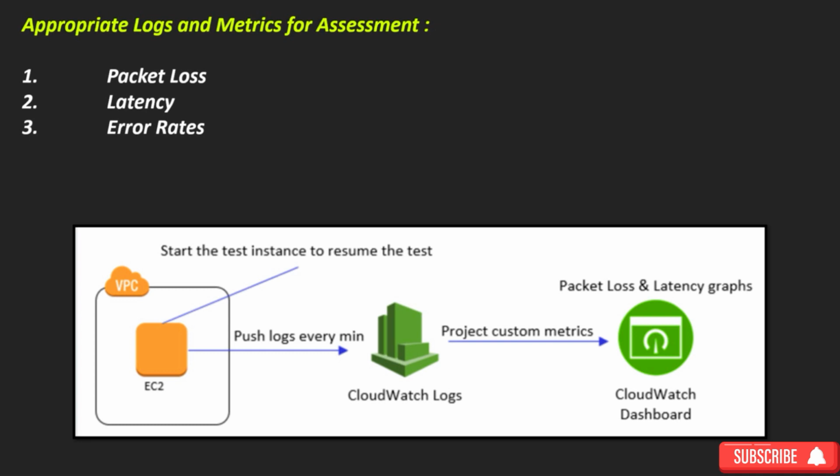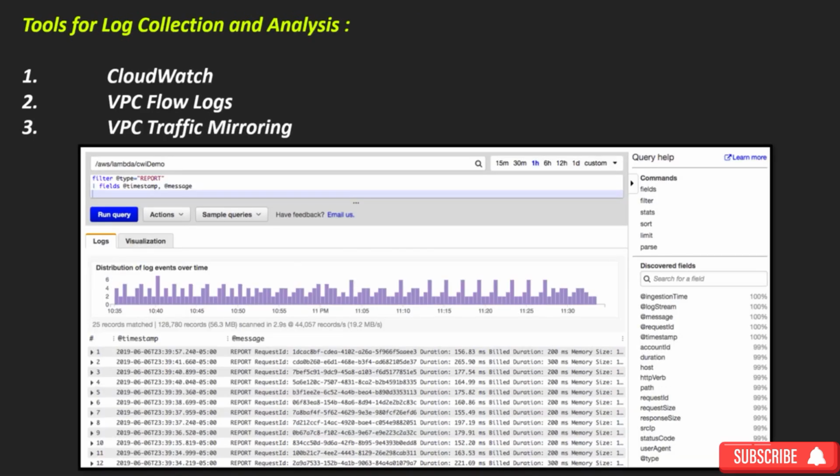The third is error rates. Examining error rates in network transmissions helps identify issues such as corrupted data or misconfigurations. Regularly monitoring error rates is very crucial for maintaining data integrity. So what are the tools for log collection and analysis?